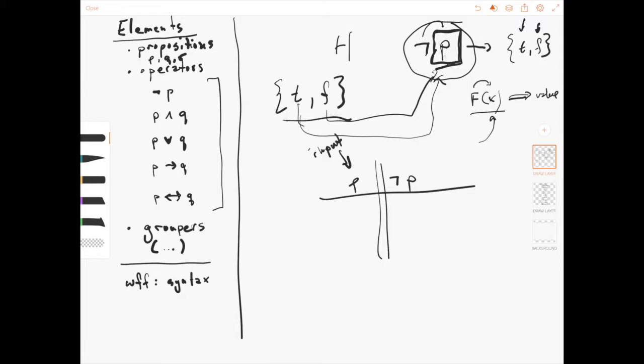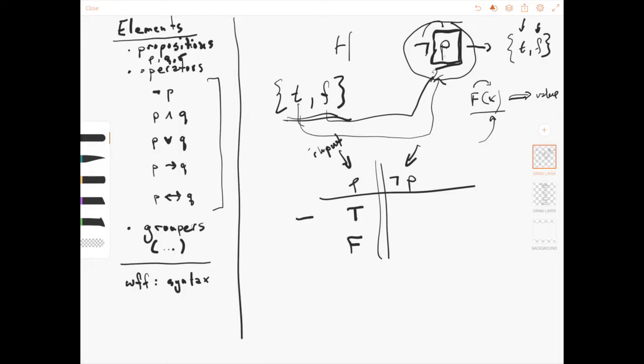This is going to tell us what we're putting in for the value of P, and this column is the output, in other words, what not does to the input value for each of the values that we input. Now, what values are we going to input? Well, since the domain of a proposition is always either true or false, all we have to do is make a row for what happens when P is true, and another row for what happens when P is false.